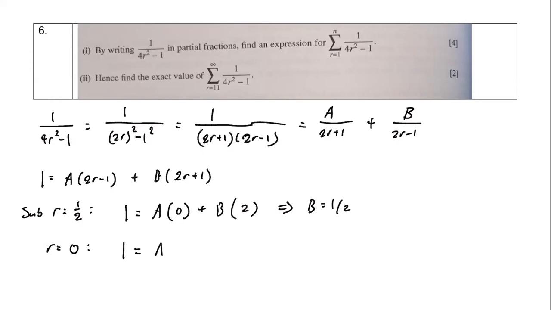So 1 equals a times (2 times 0 minus 1), which is negative 1, plus b, which is a half, times (2 times 0 plus 1), which is 1. Which means that you get a to be equal to half minus 1, which is negative half.